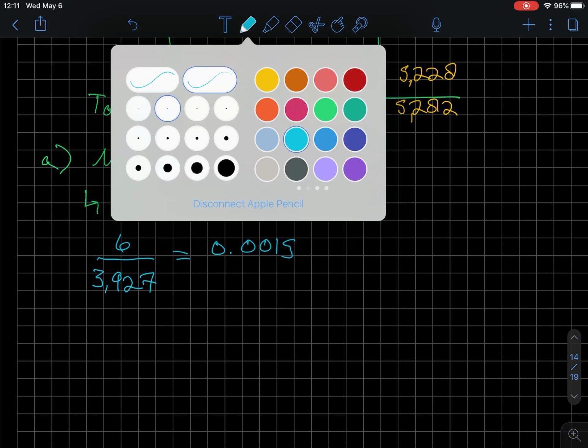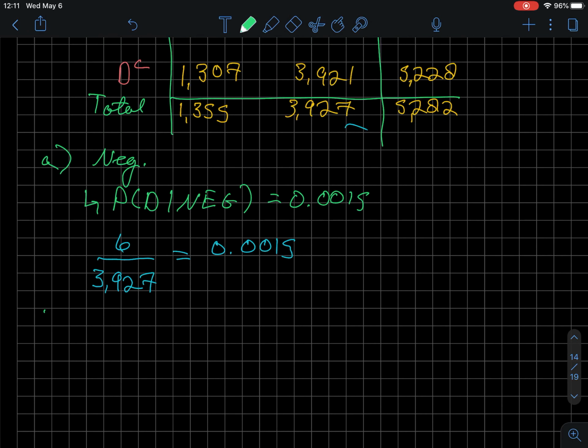Let's move to a different question, part B. It asks: is the probability of having Down syndrome given a negative test equal to the probability of testing negative given that you have Down syndrome? If so, explain why.